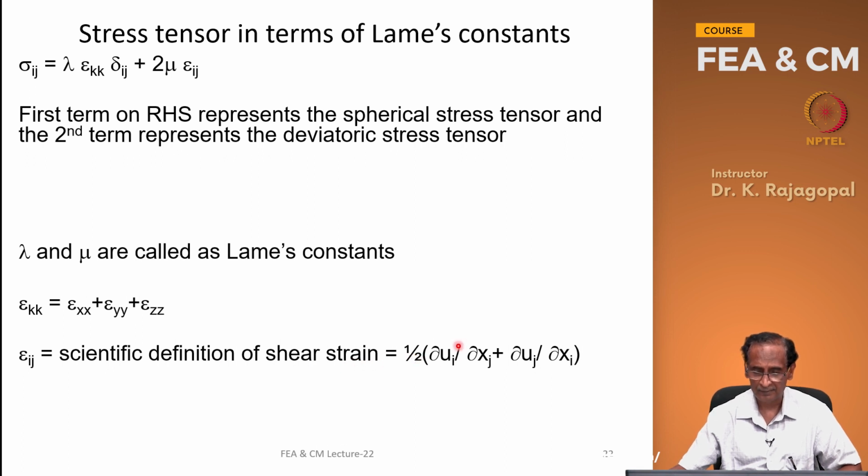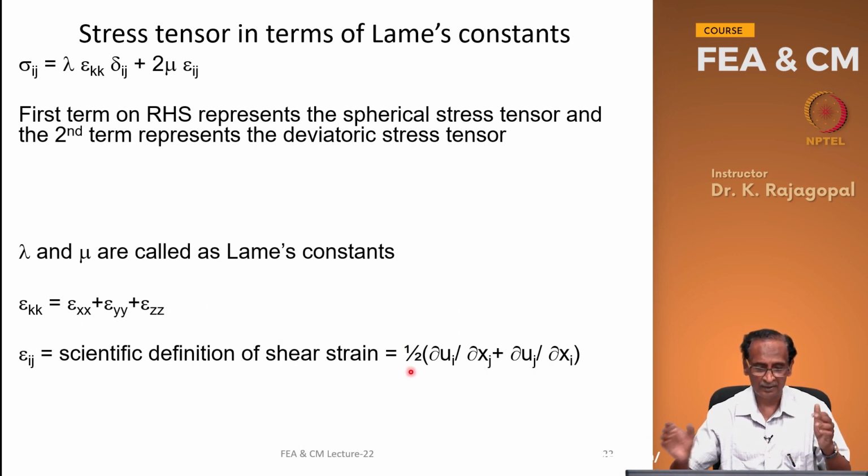that is 1/2 of dou u by dou x plus dou uj by dou xi, or basically, you see this index i here and j there, dou ui by dou xj plus dou uj by dou xi, that is the cross differentiation, like dou u by dou y plus dou v by dou x, okay.